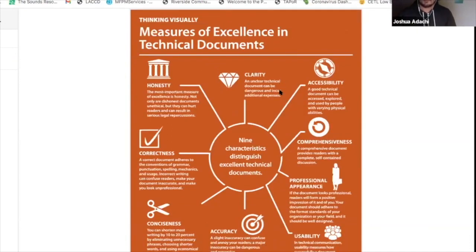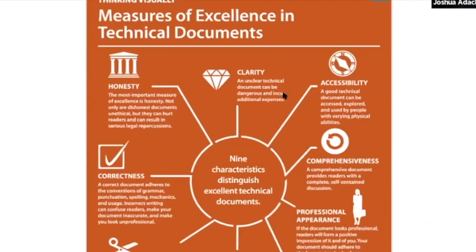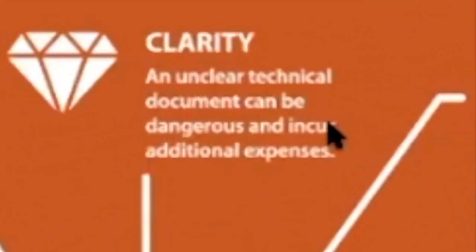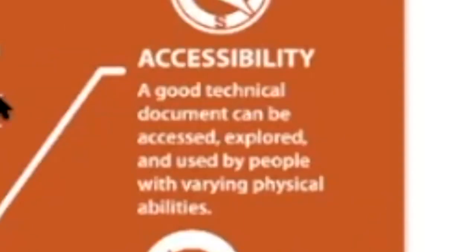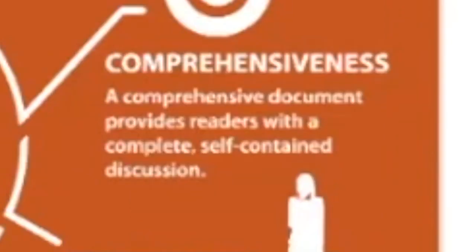Here are measures of excellence in technical documents. Clarity. An unclear technical document can be dangerous and incur additional expenses. Accessibility. A good technical document can be accessed, explored, and used by people with varying physical abilities. Comprehensiveness. A comprehensive document provides readers with a complete, self-contained discussion.